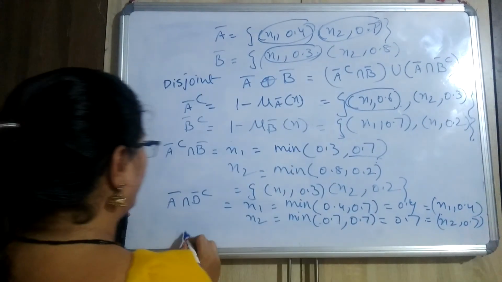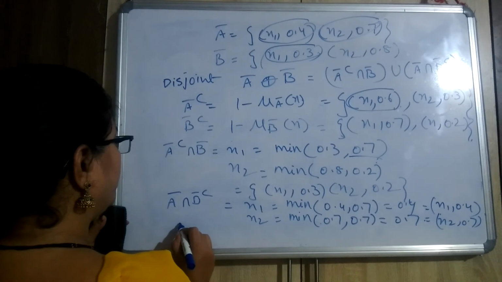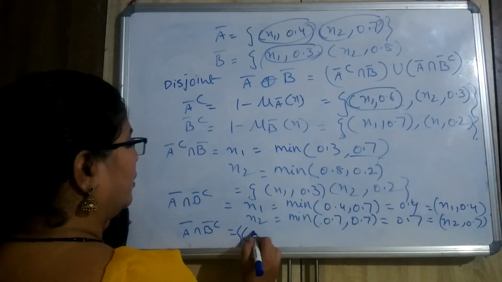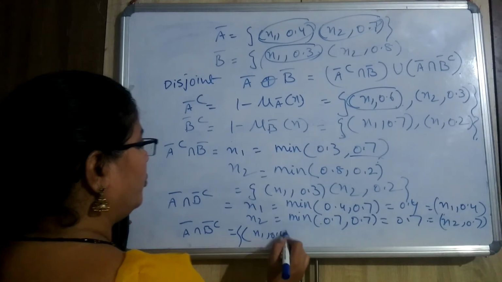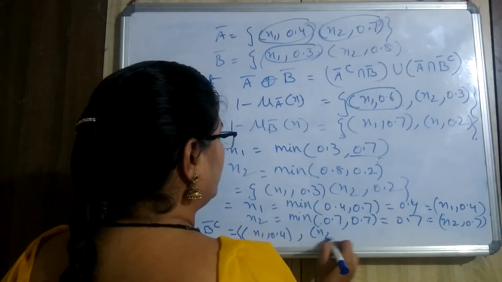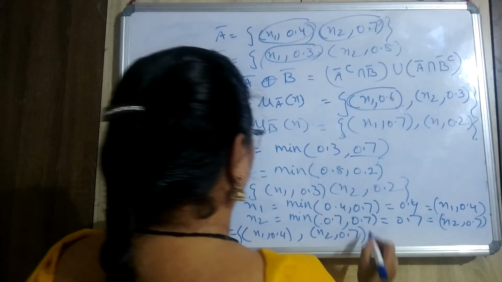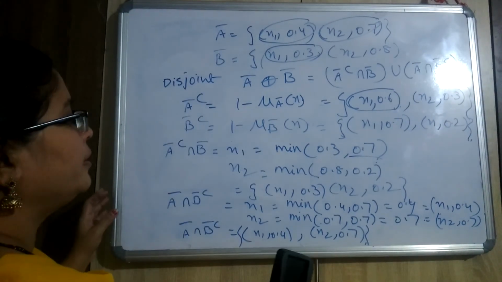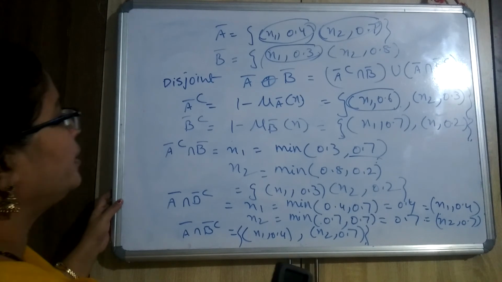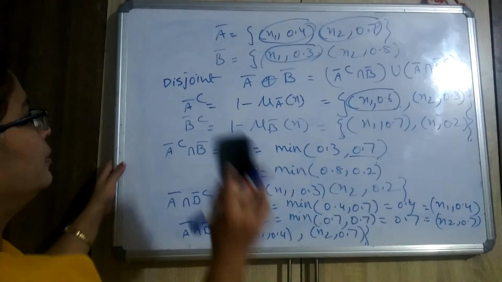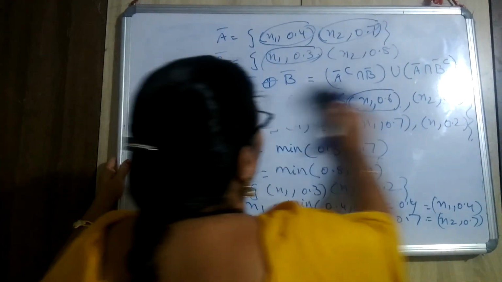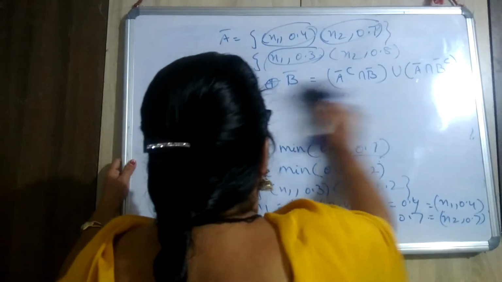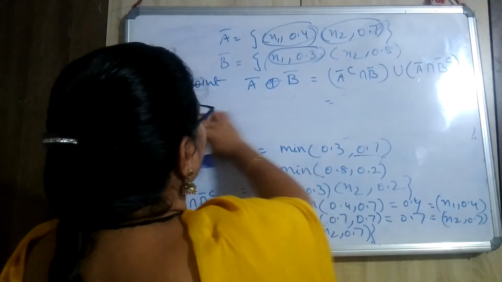So A bar intersection B bar complement is x1 comma 0.4, x2 comma 0.7. So we have defined these two. Now I am clearing some of the steps here, and I am writing the disjoint operation directly. So what is the disjoint operation?